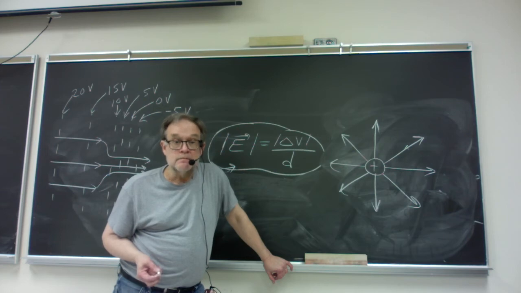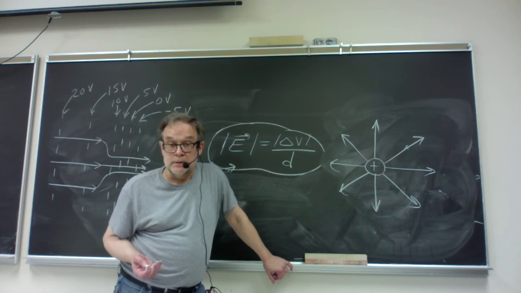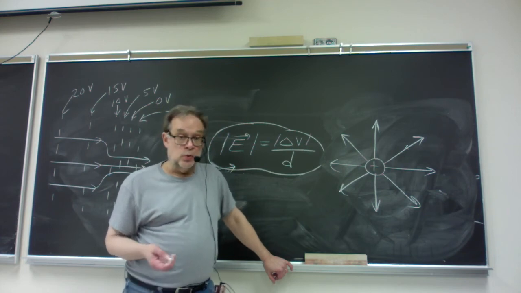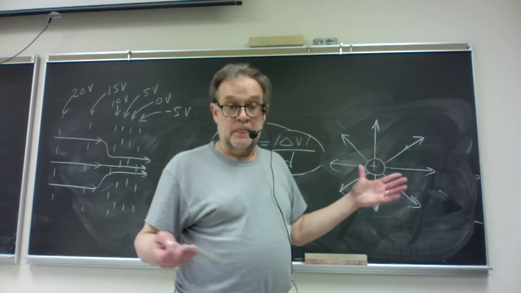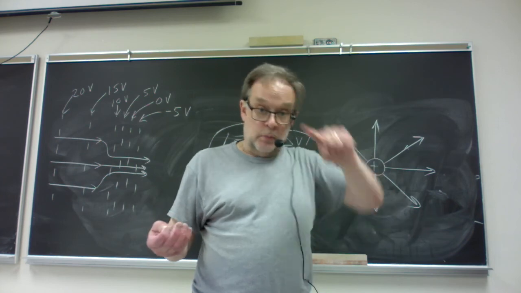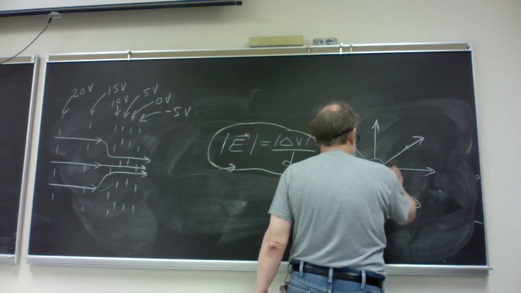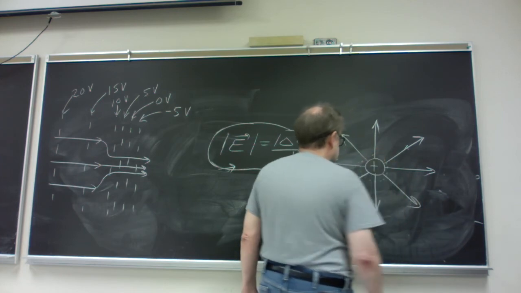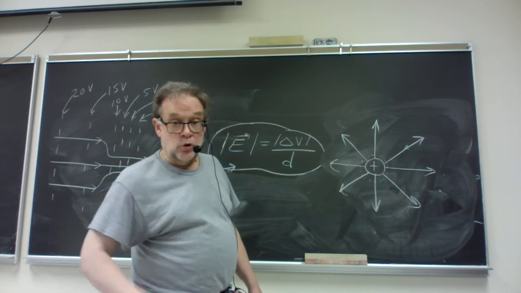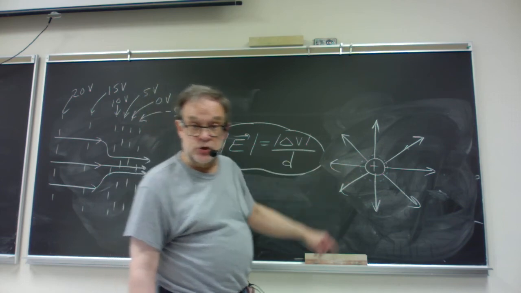And equipotential lines have to be perpendicular to field lines. But the way it works, if you think of these as radii of a circle, radii are always perpendicular to the circle itself. So in other words, the equipotential lines have to be circles centered on the source charge.